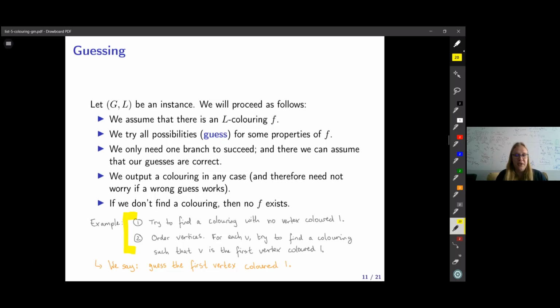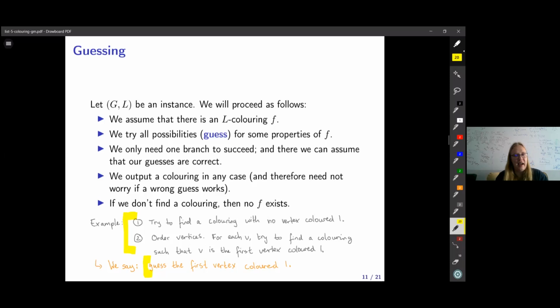So if we're only doing this a constant number of times, then everything is good. But in order to save all this argument, usually I will just say we guess the first vertex colored 1 in some order, and we need to deal with the case when there is none, but this is valid, right?